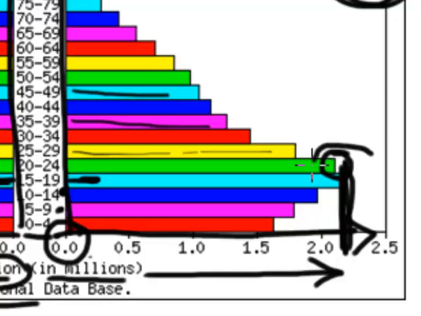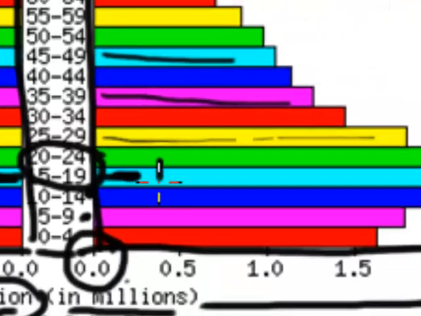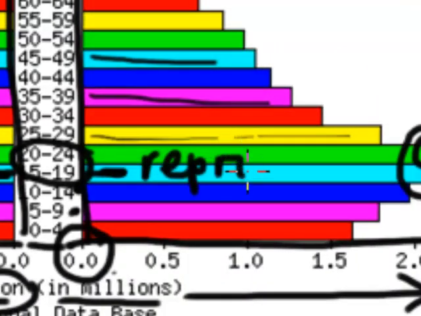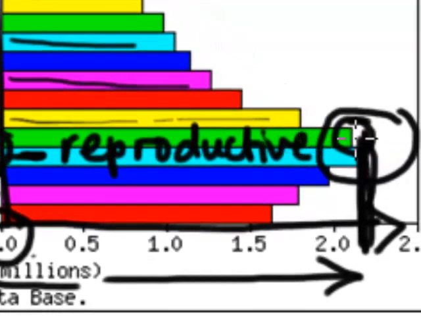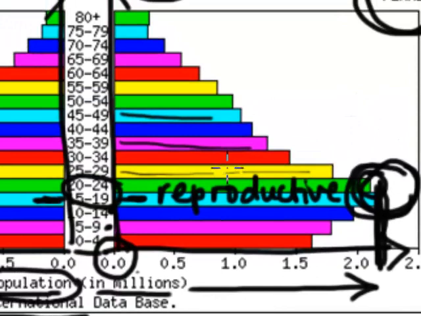But very importantly, there are many more 20 to 24-year-olds and 15 to 19-year-olds, which is South Africa's reproductive age, many more of them than any other age group. We must expect, therefore, to see an increase in population numbers in the future.